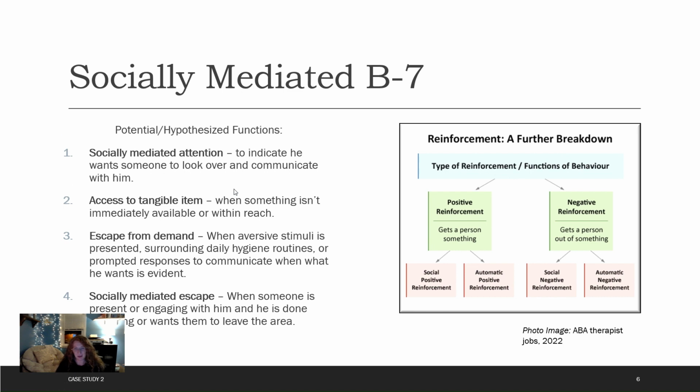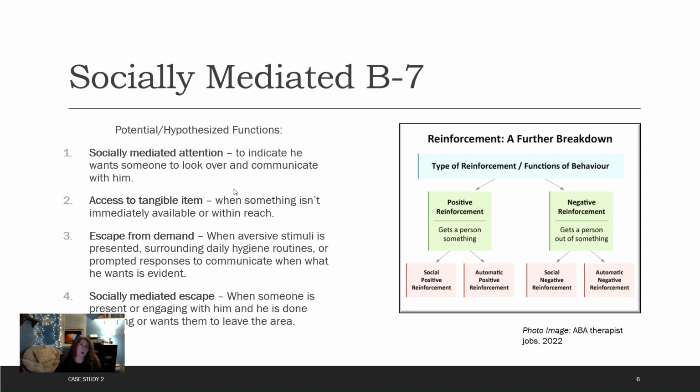Socially mediated, which is task list item B7. Although it looks like there are 4 functions here, technically 2 of these functions can go into the top and bottom. Socially mediated attention is to indicate he wants someone to look over and communicate with him. This is when he will yell.